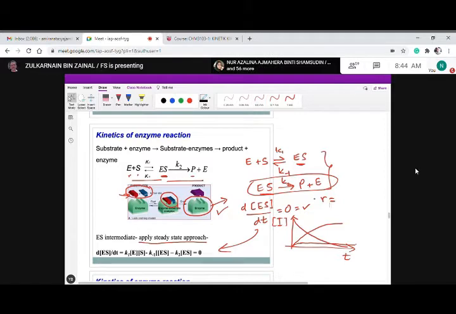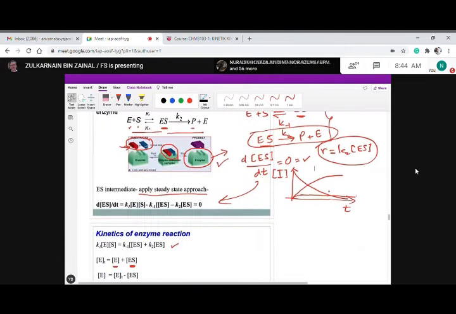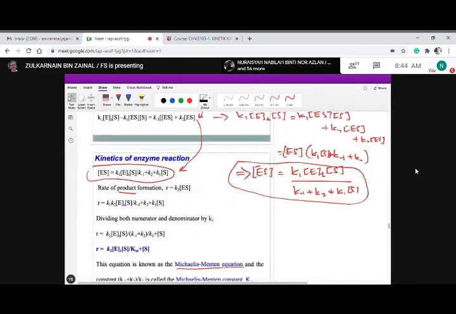Then rate is equal to K2 times ES. So that's the rate for formation of product.